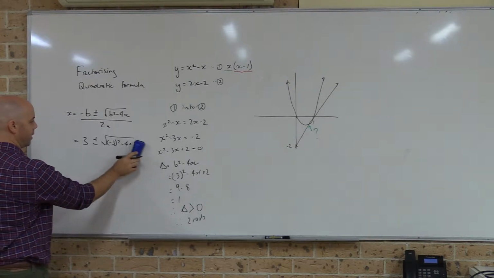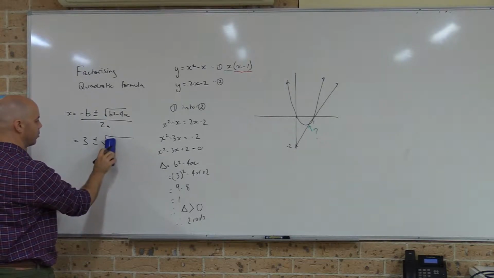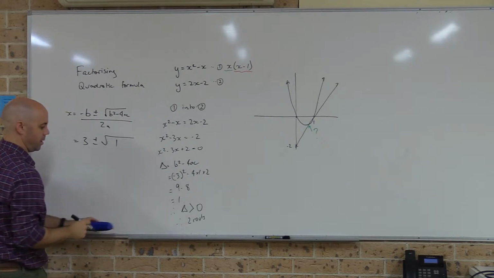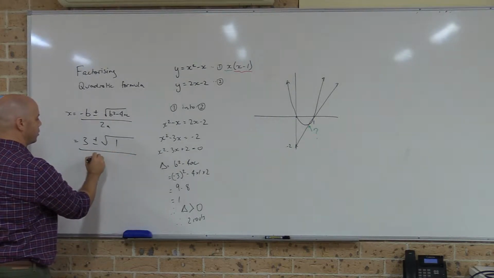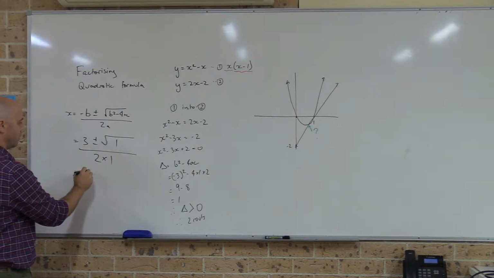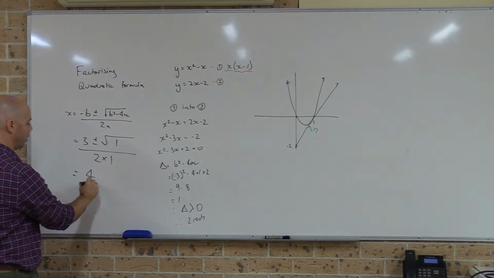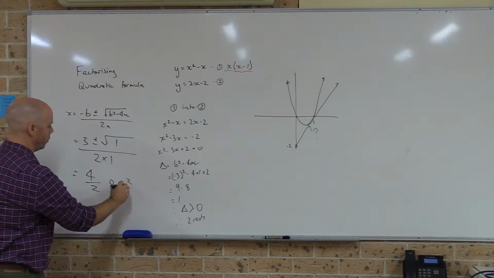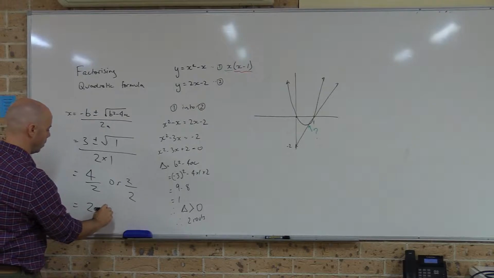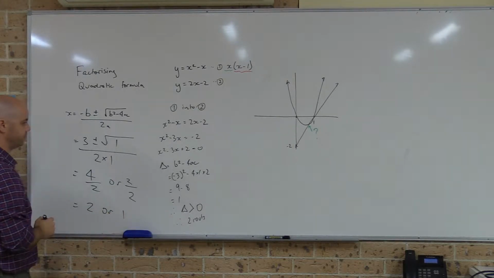I already figured the discriminant out, didn't I? Over 2 times 1 equals 4 over 2, or 2 over 2, equals 2 or 1.